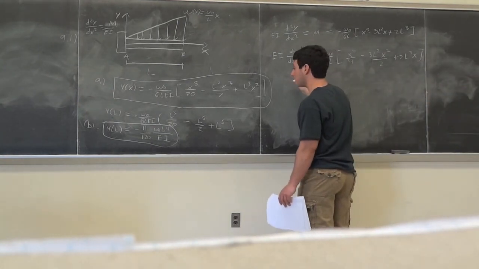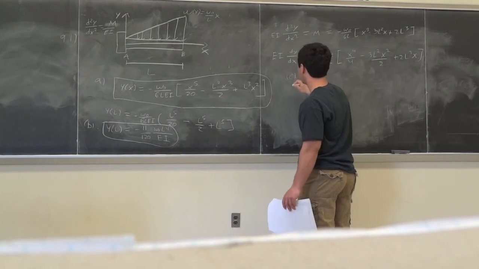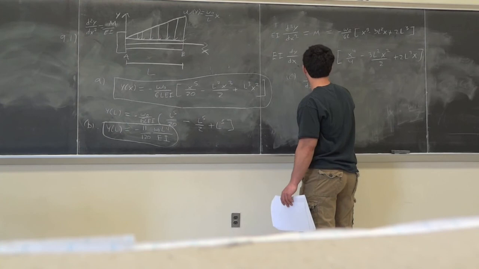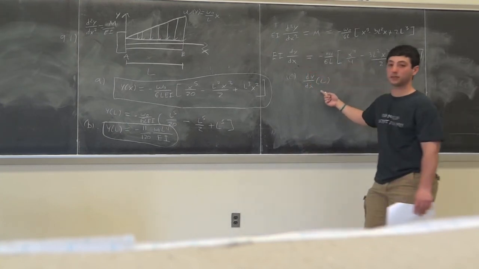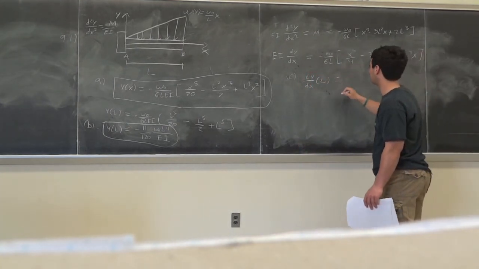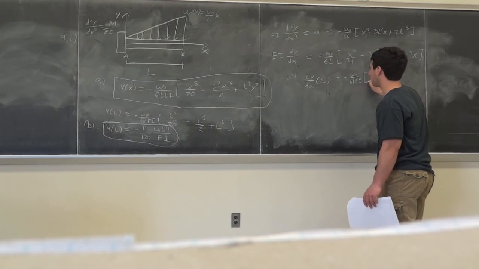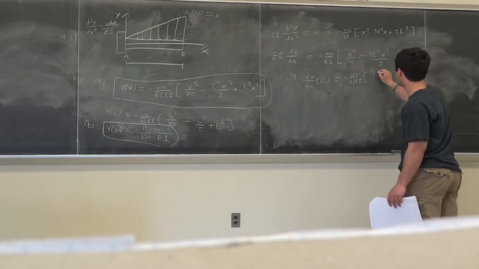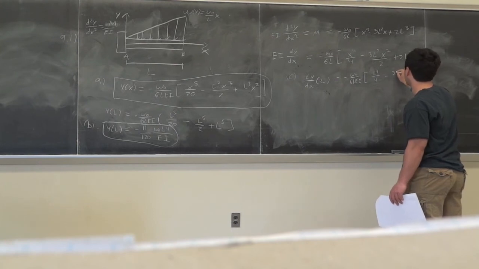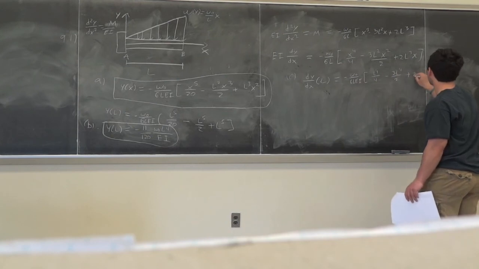So we want to find for part C the slope at the free end. So we're looking for dy dx at x equals L. So we're looking for this, right? So this is equal to minus W naught over 6LEI multiplied by L to the 4th over 4 minus 3L to the 4th over 2 plus 2L to the 4th.